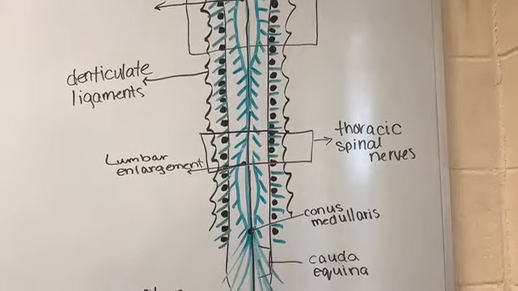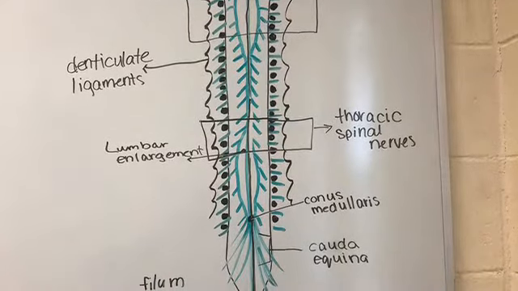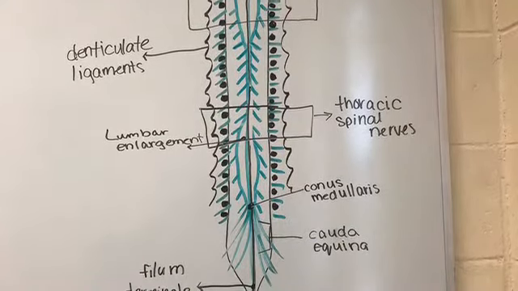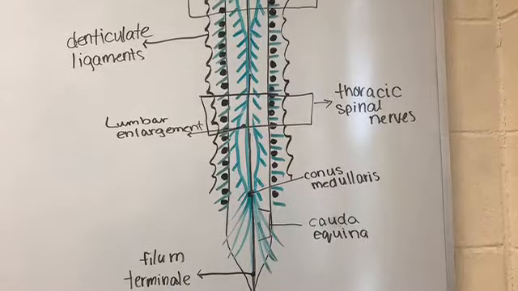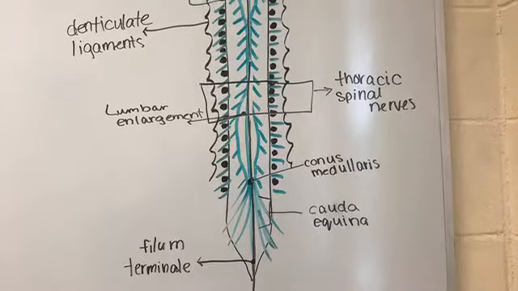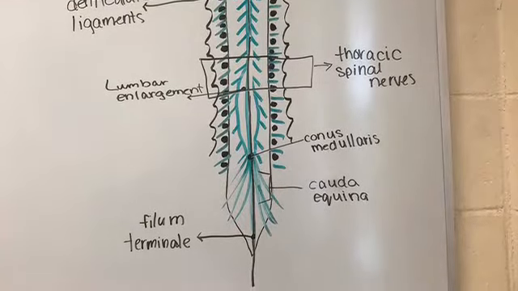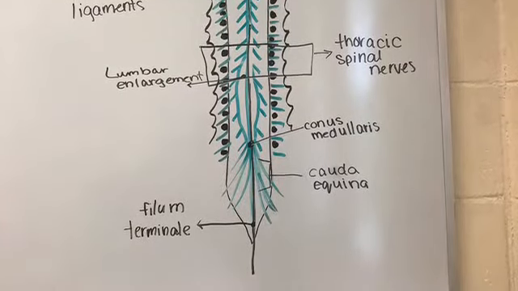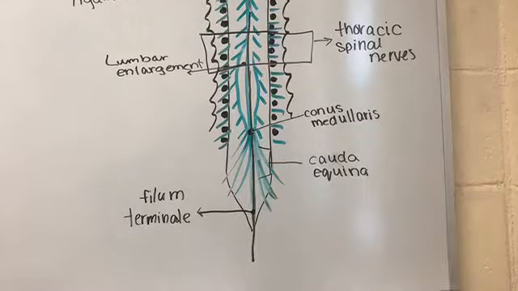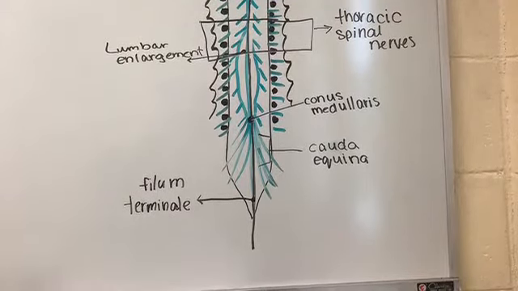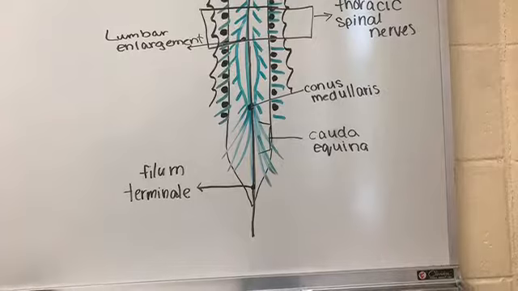Conus medullaris is a cone-shaped structure at the end of the spinal cord. This ends around L1 or L2 and then breaks apart. Filum terminale is where pia mater anchors the spinal cord from the conus medullaris to the coccyx. Cauda equina breaks apart and forms a bundle of nerves.